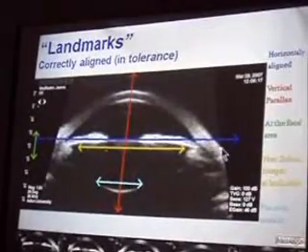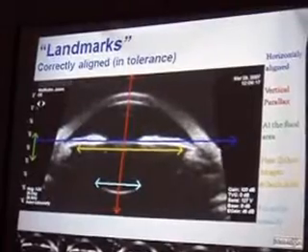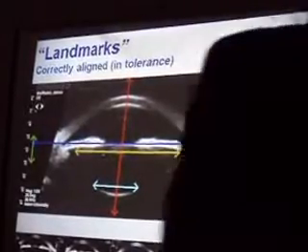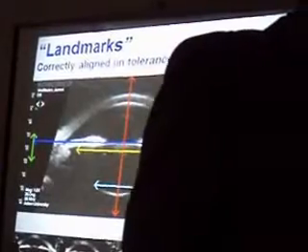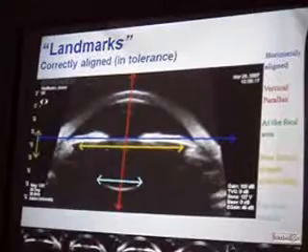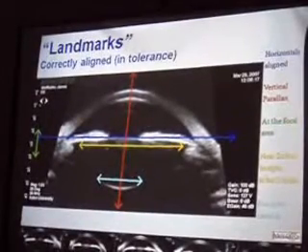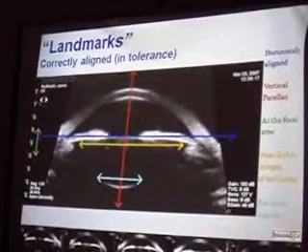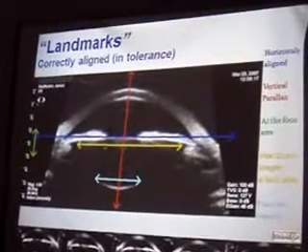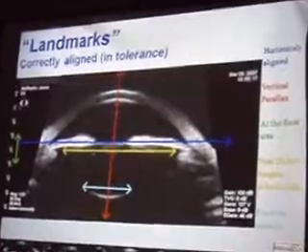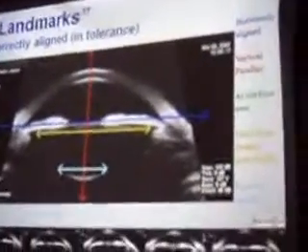In ultrasound, the balance of an image is definitive in terms of measurement, imaging, clarity, and alignment. If we are unbalanced, it's probably going to be a very good picture, but it won't be a good picture to be measured. You won't be able to draw good conclusions. First landmark, horizontal alignment.